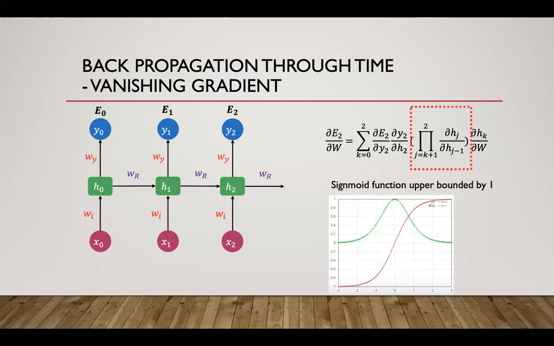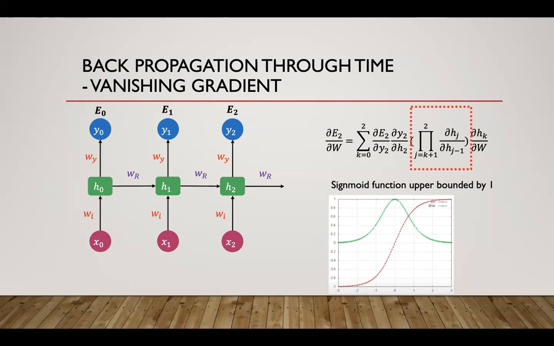Each layer comes with a cross entropy loss, and its gradient is represented by E as shown on top of each layer here. In order to calculate these gradients, we use backpropagation through time, and we need to sum up gradients at each time step as represented by WR that are located between layers. The term in the red box is continuously multiplied across multiple time steps.